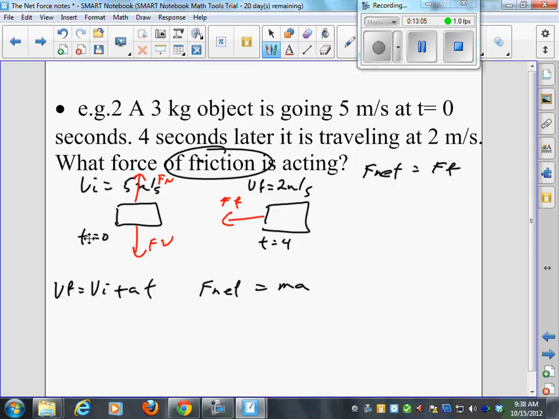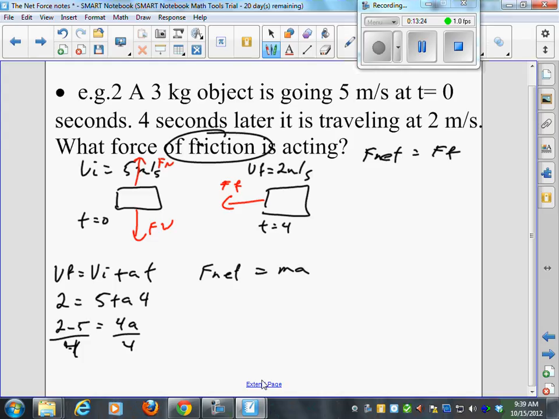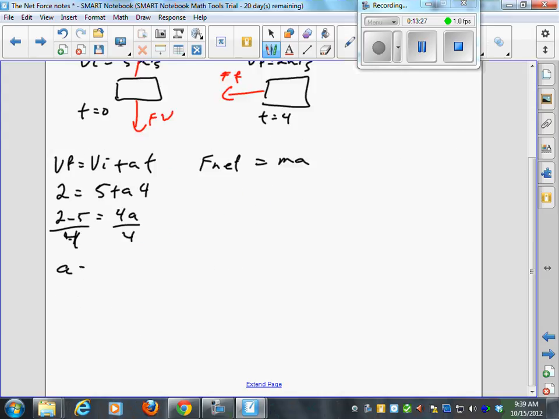I got final velocity of 2, initial velocity of 5, plus A times 4, right? Take the 5 to the other side. You get 2 minus 5 is equal to 4A. Divide both sides by 4. You get minus 3 over 4, or minus 0.75 is our acceleration.